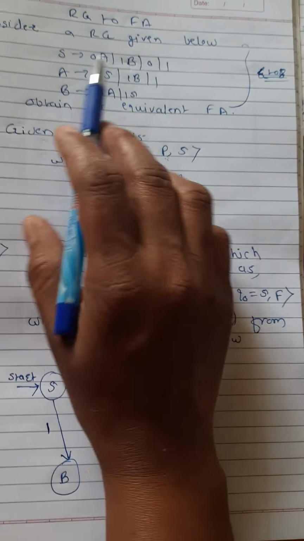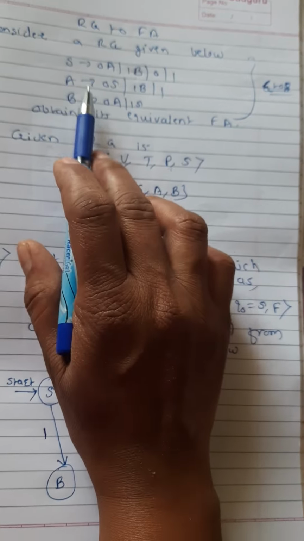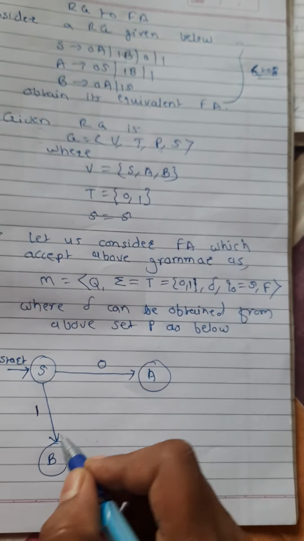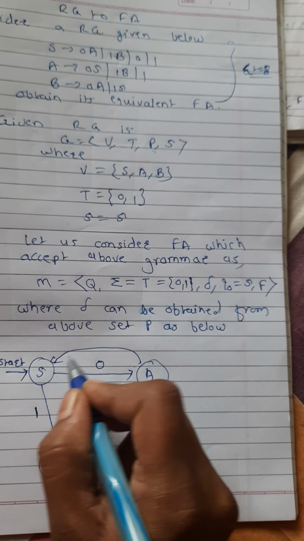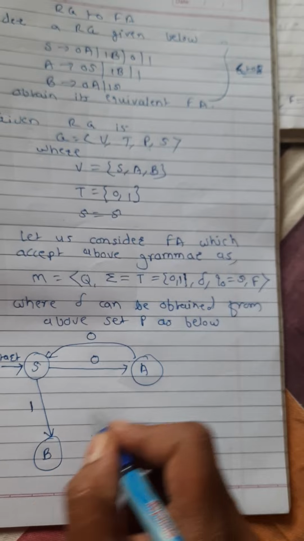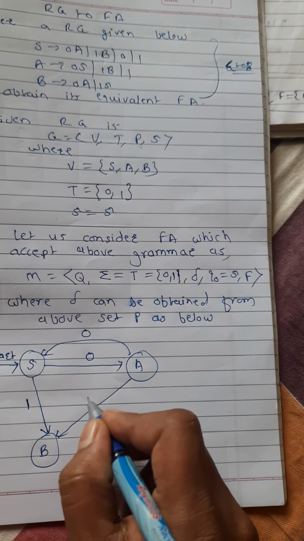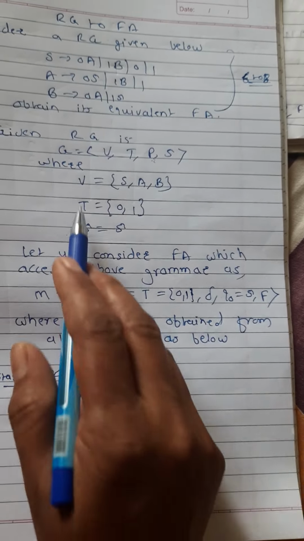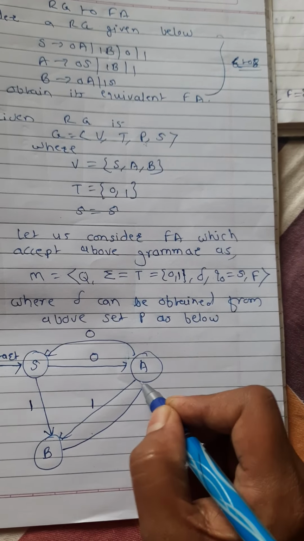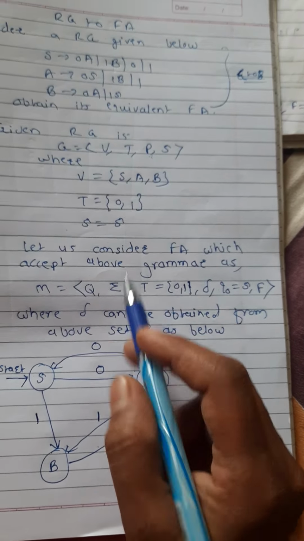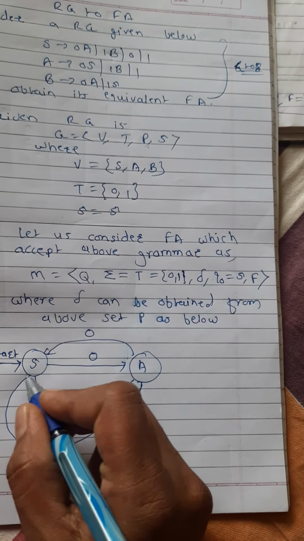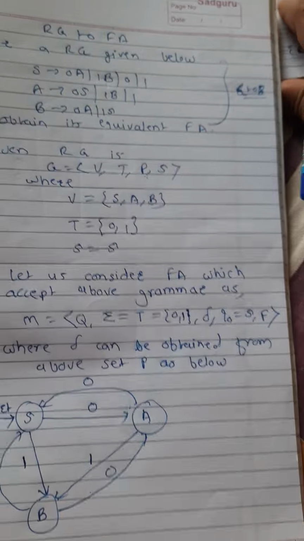Then complete the diagram. Then A to S on 0, then A to B on 1, draw it properly. Then B to A on 0, then B to S on 1.